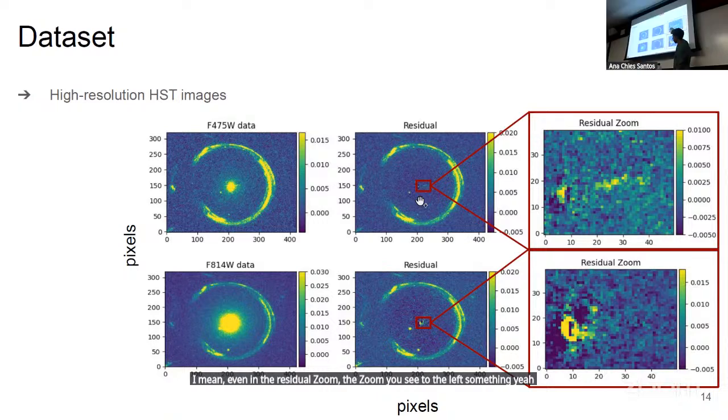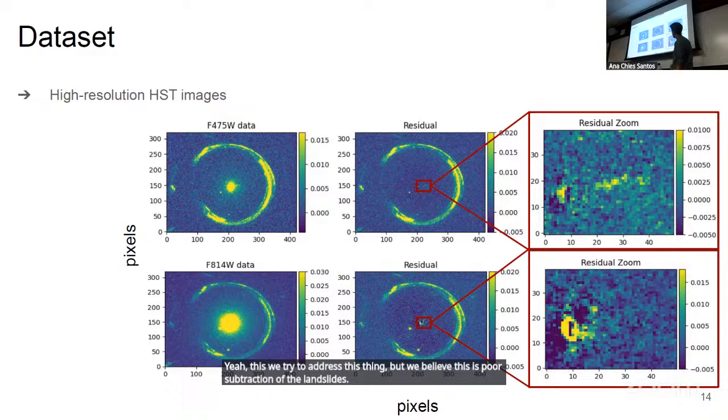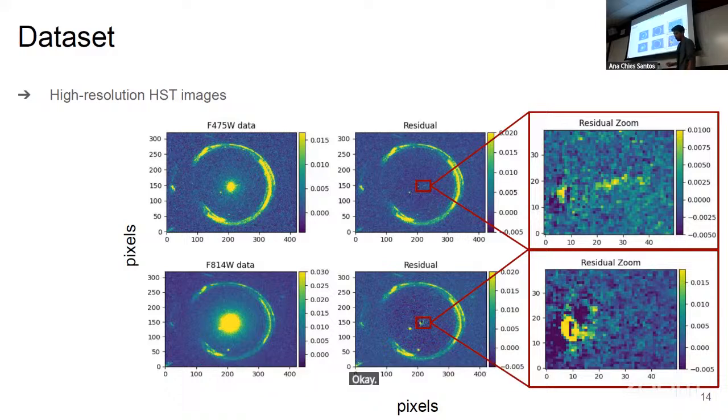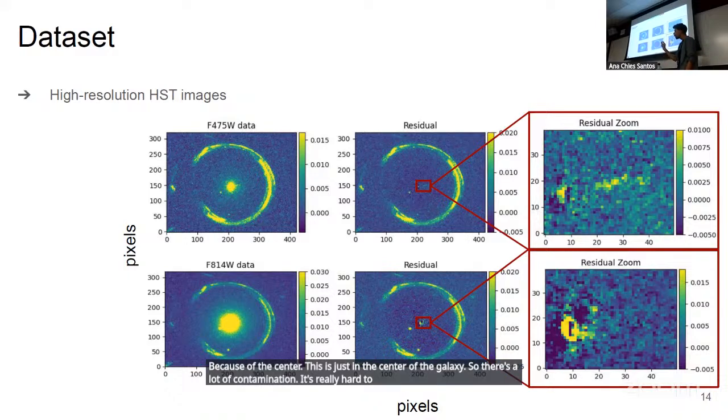We try to address this thing, but we believe this is a poor subtraction of the lens light because of the center. This is just in the center of the galaxy, so there's a lot of contamination. It's really hard to subtract the very inner subpixel, I would say, mass distribution.